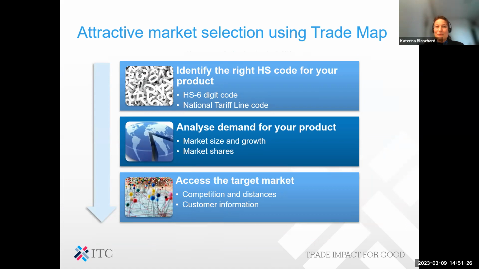Then, once we have the right code, we'll analyze the demand for the product. What is the market size and growth? What are the market shares? And then we will see what features are offered for access to the target market, for example, the information about potential partners.